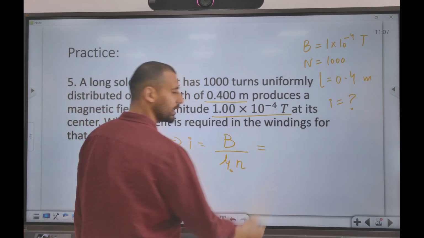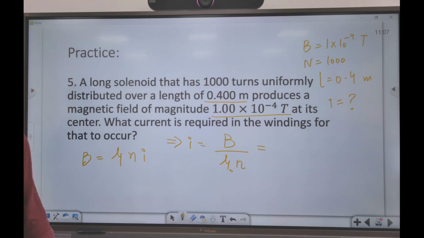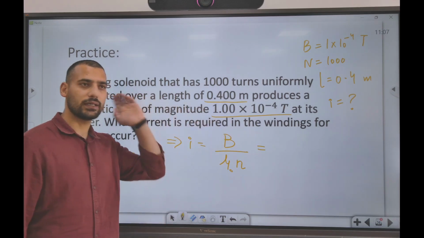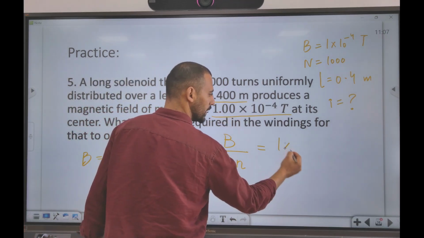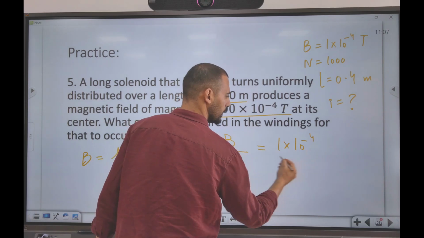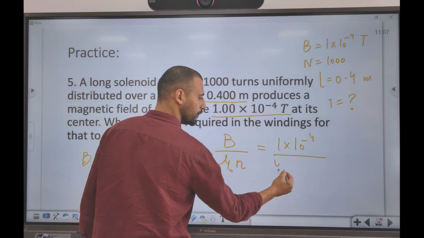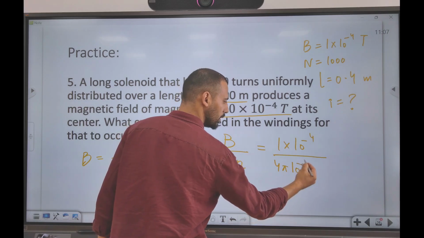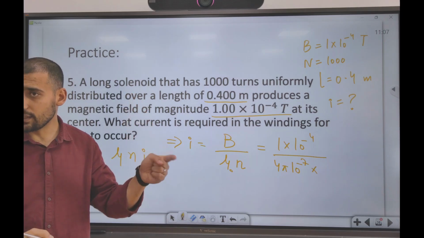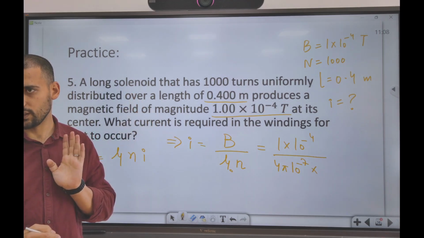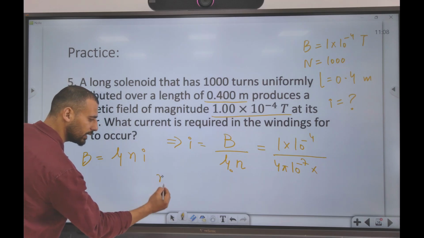What is the value of the magnetic field, Hiba? It is 1 times 10 to the power negative 4 upon mu naught, you know, 4 pi 10 to the power negative 7, and then n. What is small n? It is capital N upon L. Is that fine? So we can find small n like this.